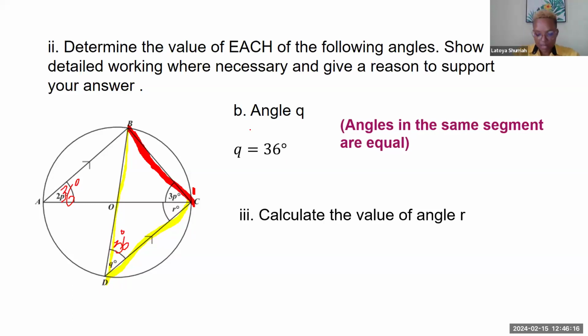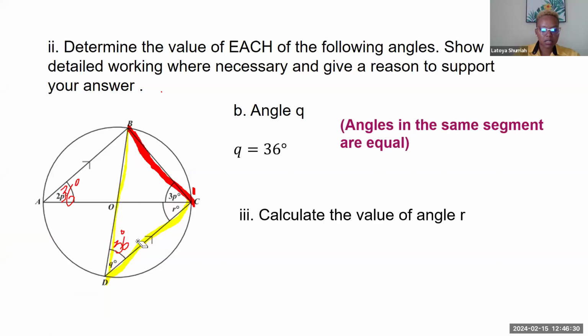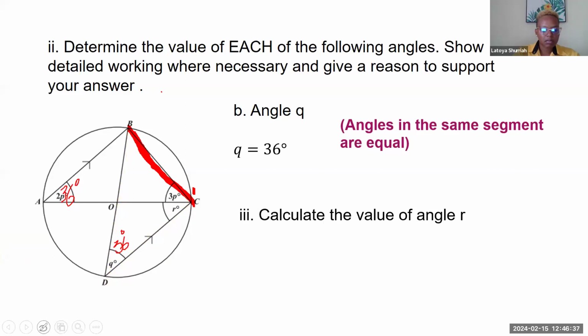Alyssa and I are having the same thought process. There is a triangle, and let me go ahead and label my triangle. Let me erase first. So there, something interesting. There is a triangle DOC.